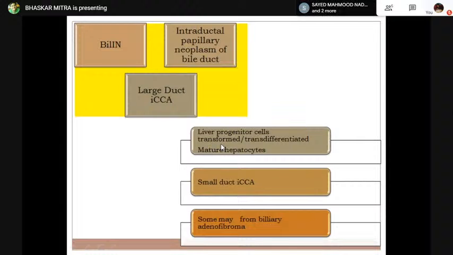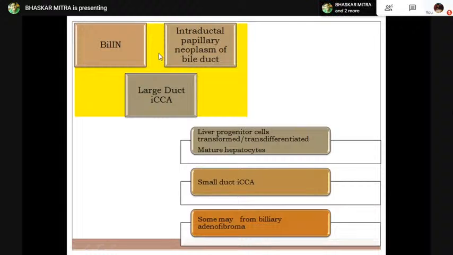Some say that transformed or transdifferentiated liver progenitor cells or mature hepatocytes give rise to this cholangiocarcinoma. So the biliary epithelium giving rise to cholangiocarcinoma is one route, and sometimes there may be a hepatic origin that may give rise to cholangiocarcinomas. So there are large duct cholangiocarcinomas and there may be small duct cholangiocarcinoma. Some say biliary adenofibromas may give rise to the small duct type. So the pathogenesis of this one is a bit doubtful, but for this one, these two.